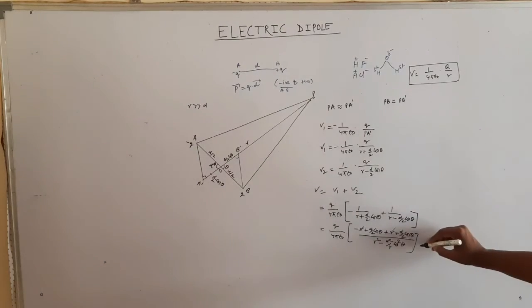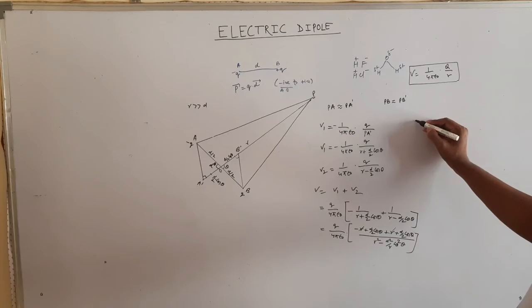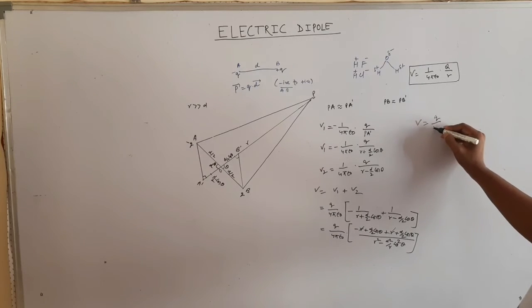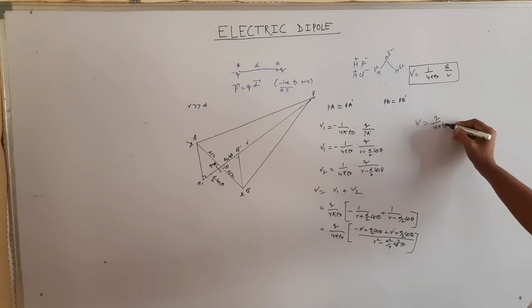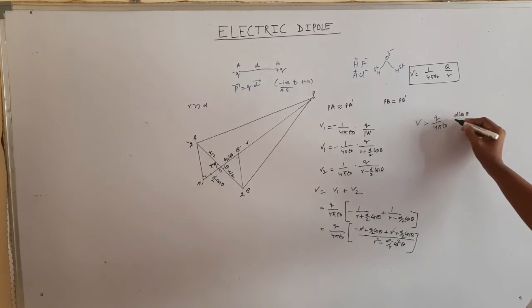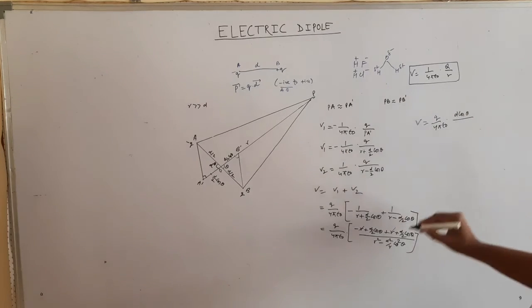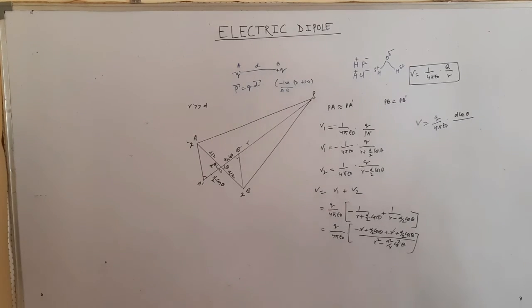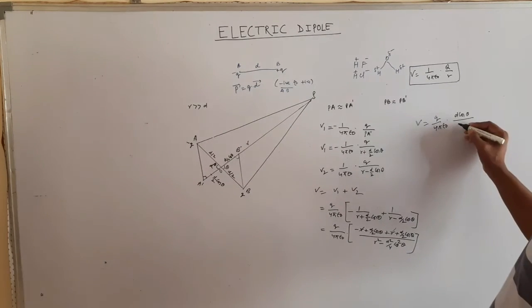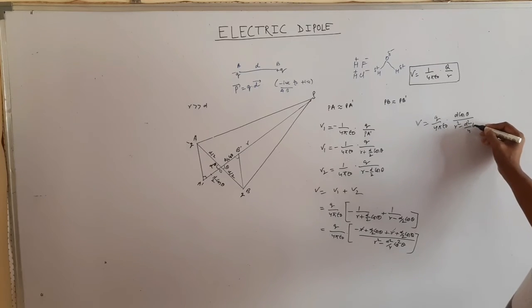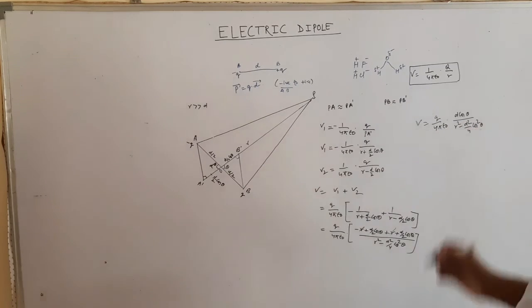So from here I go to this point, and this is V equal to Q over 4 pi epsilon naught d cos theta upon R square minus d square by 4 cos square theta.